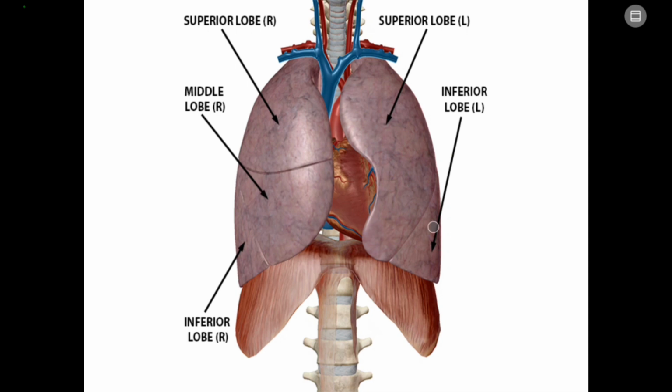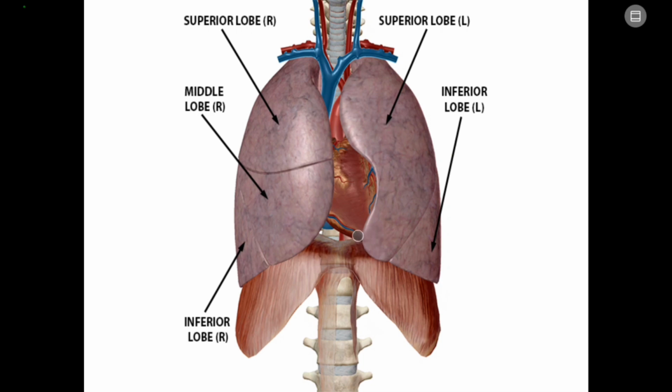If you notice, each lung has an apex and two angles. The apex is the top of the lung, and the angles are the costophrenic angle and the costocardiac angle.